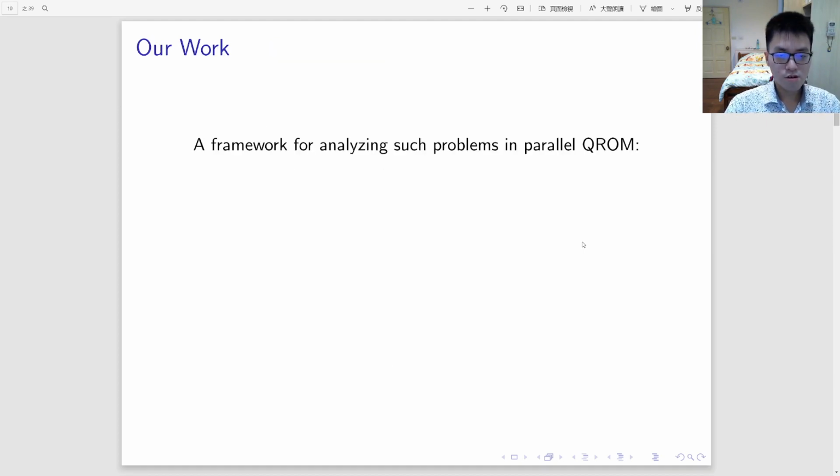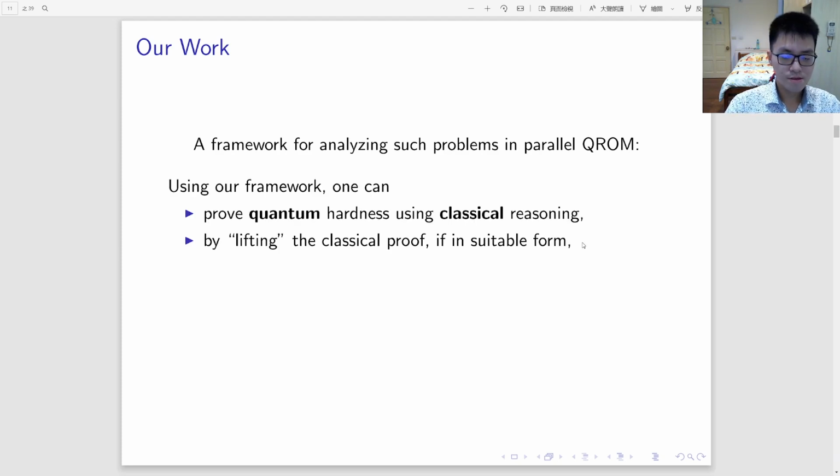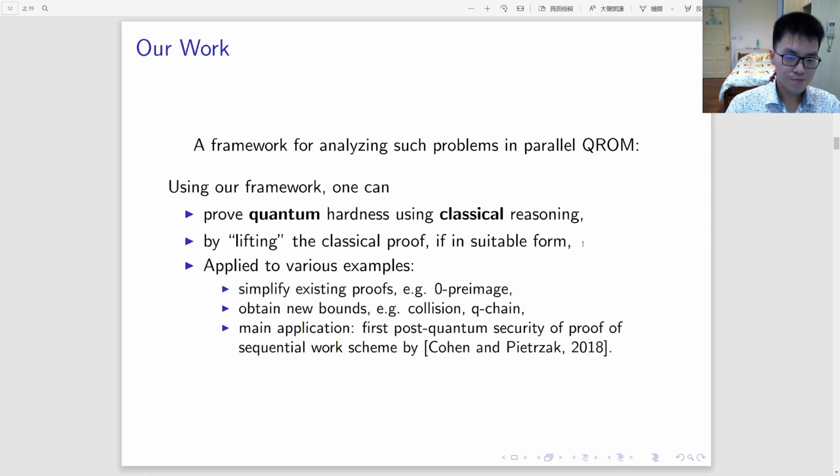So what is our work? We give a useful framework for analyzing such problems in the parallel query QROM model. Using our framework, one can prove quantum hardness of these problems using classical reasoning. This works by recycling probability bounds from the classical proof and lifting them into the quantum proof whenever applicable.